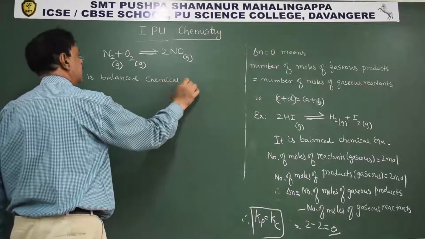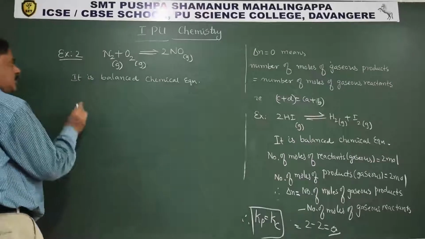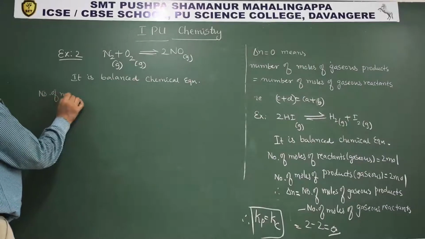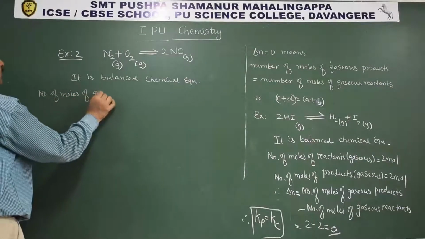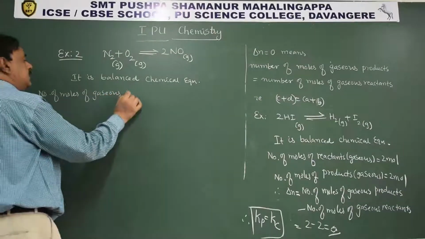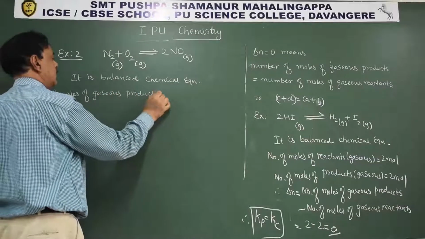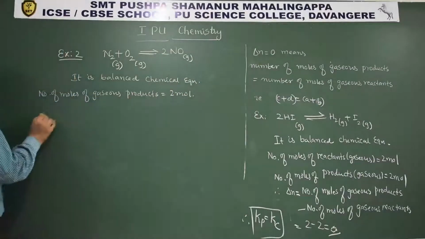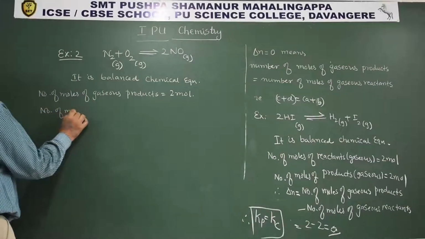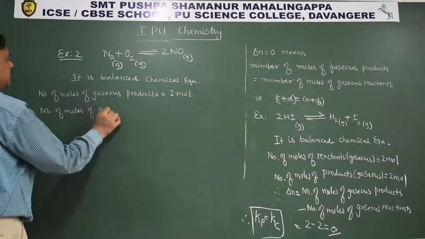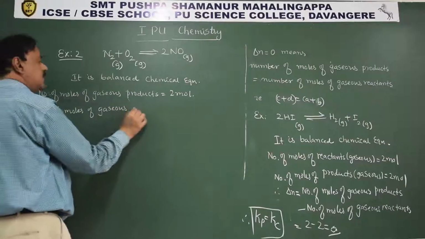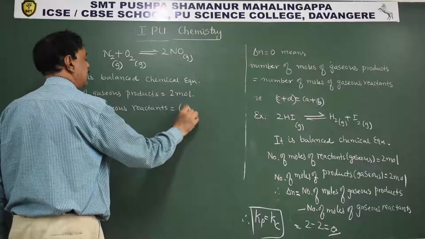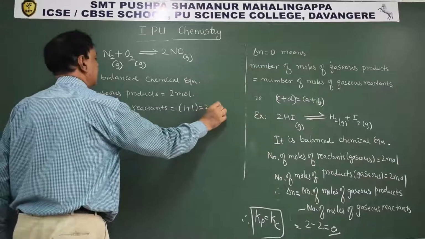If it is not balanced, you have to balance it. Calculate the number of moles of gaseous products. It is equal to 2 moles. The number of moles of gaseous reactants is 1 plus 1, that is equal to 2 moles.